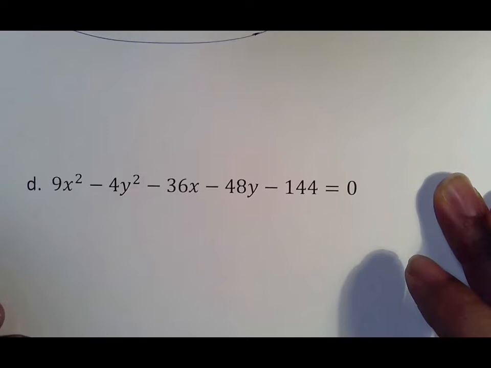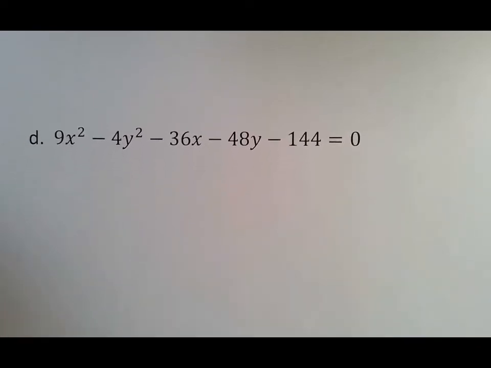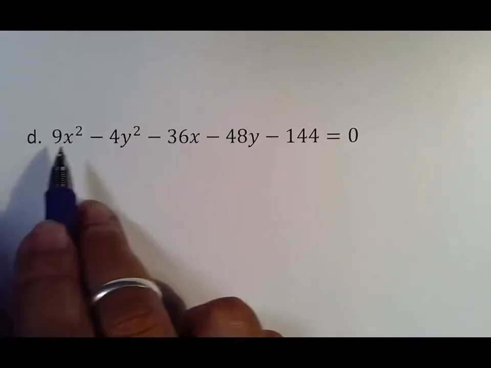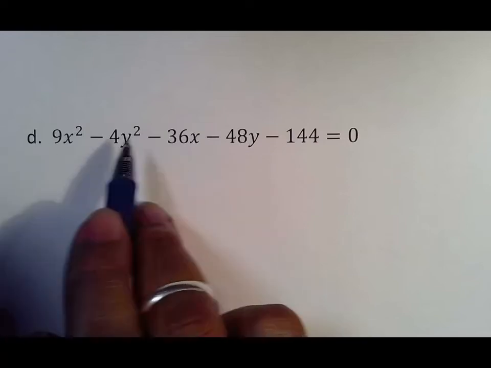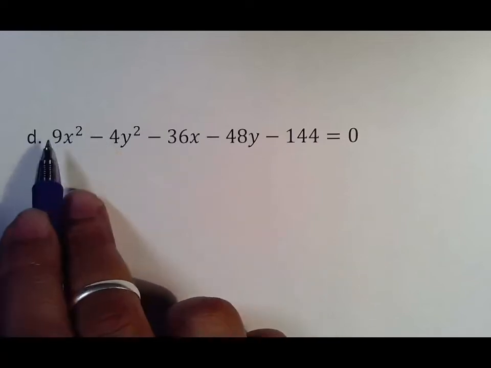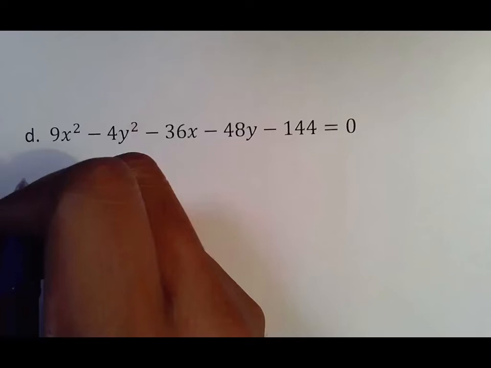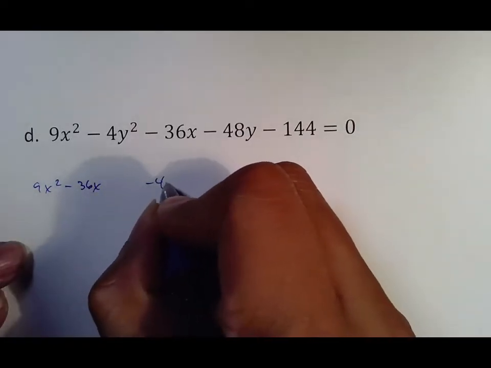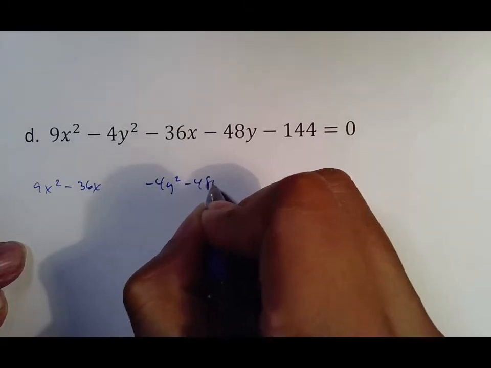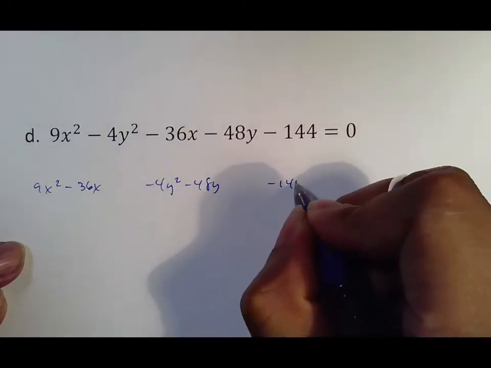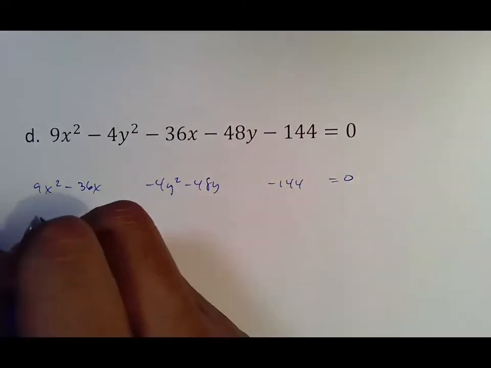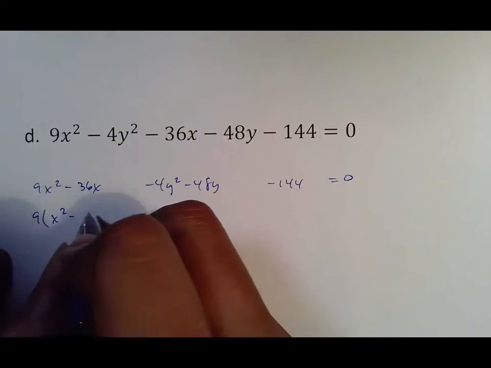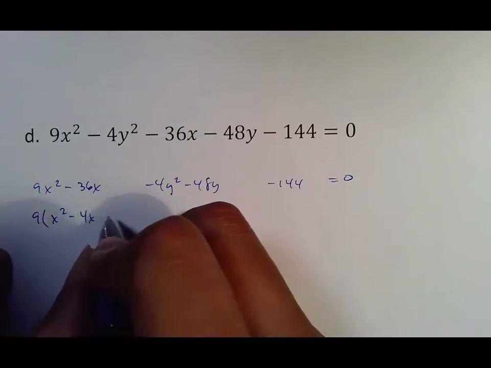And then, of course, the last one here is blatantly a hyperbola. How do I know? Because both of them are squared, which means it's got to be a rounded shape, so it's not a parabola. And notice how your 9 is positive and your 4 is negative. So again, we want to factor off our 9, so x squared minus 4.